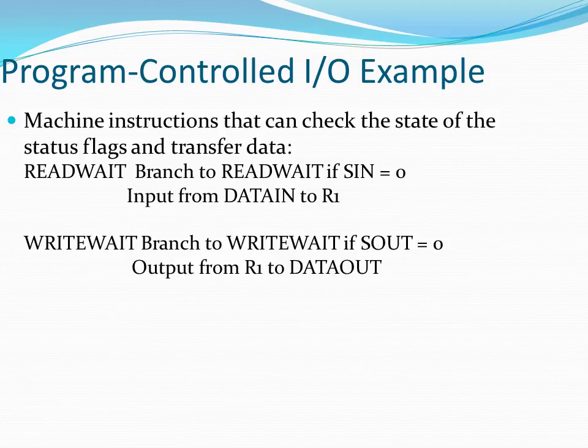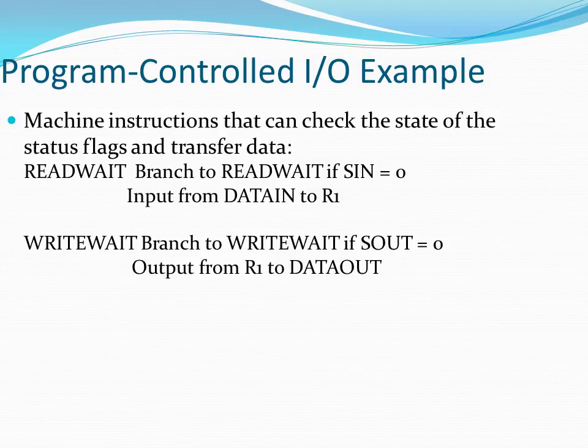And now, by using machine instructions, we can perform read and write operations. Machine instructions can check the status flag and transfer the data. Here we have the read wait: branch to read wait if SIN is equal to 0, otherwise the input is transferred from the DATAIN register to R1.